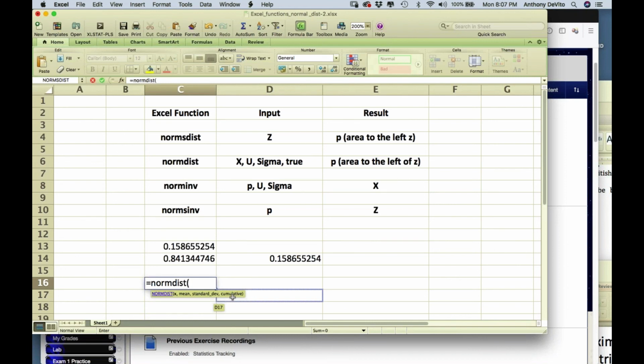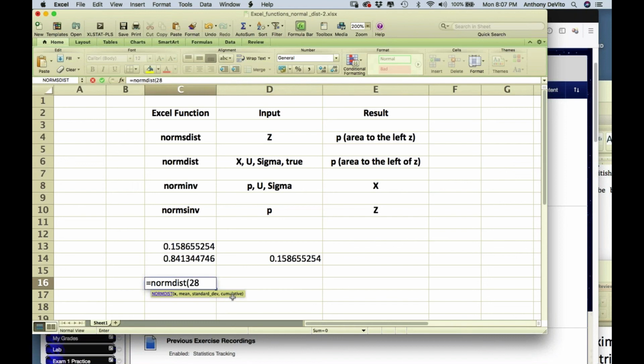Let's think back to one of the examples that we had before. Let's say teachers had a mean salary of $32,500. We're interested in what proportion, what percentage, of the teachers had salaries less than 28,000.